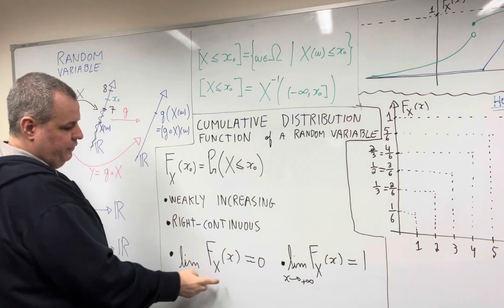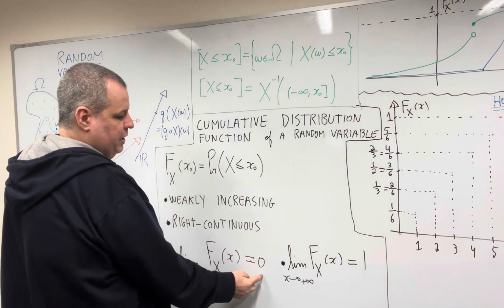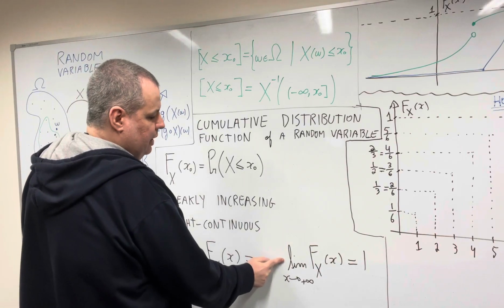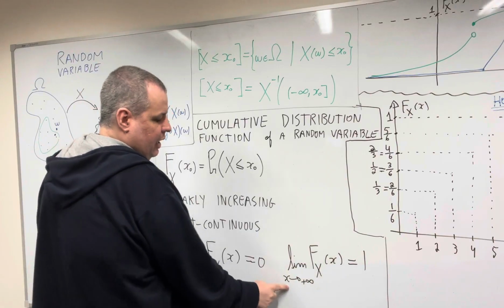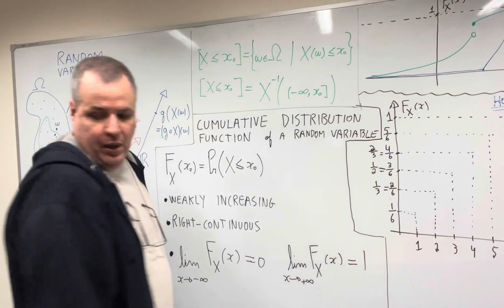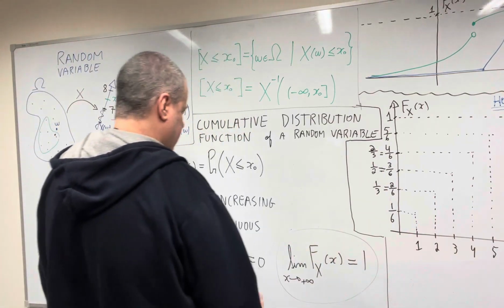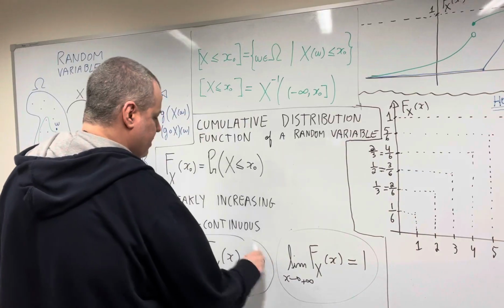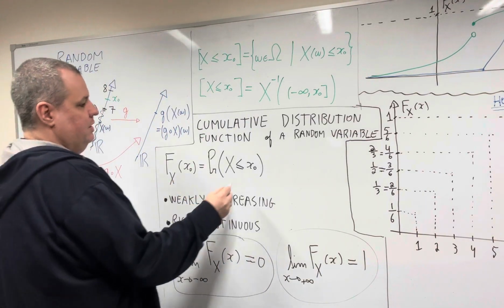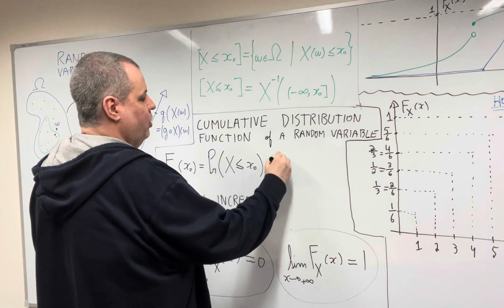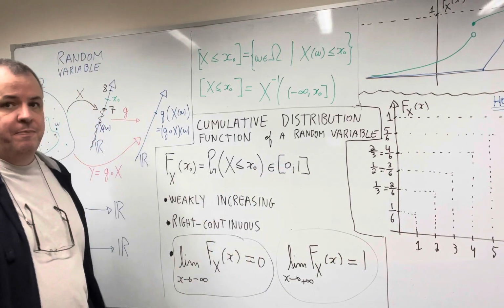The limit of this function when your argument goes to minus infinity is 0, and another property is that the limit of your cumulative distribution when the argument goes to infinity is 1. This happens because it's a probability at the end of the day, so it has to be always in the interval from 0 to 1.